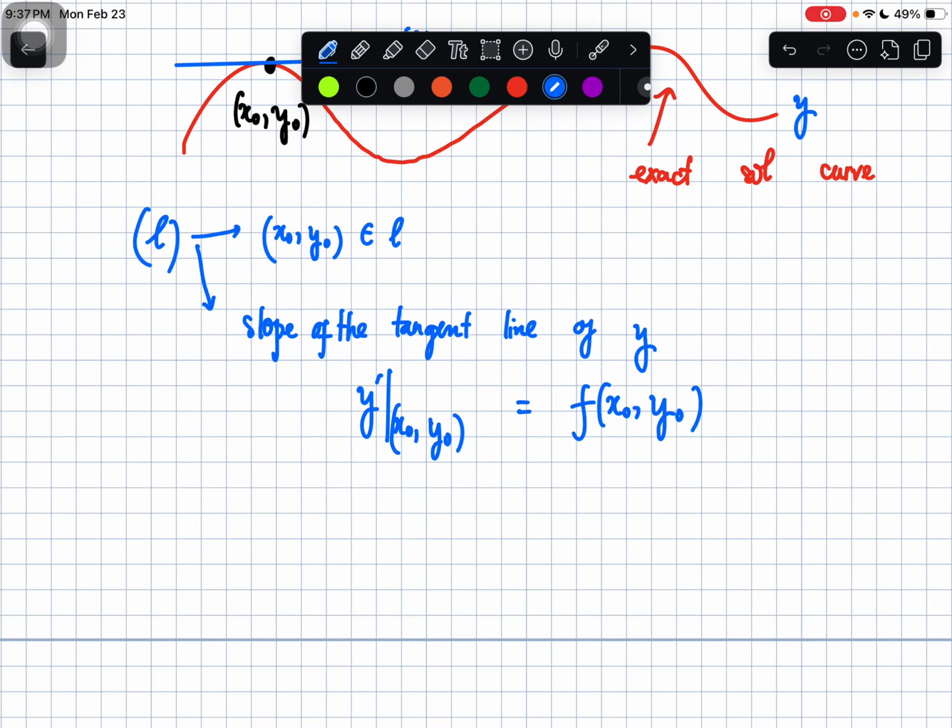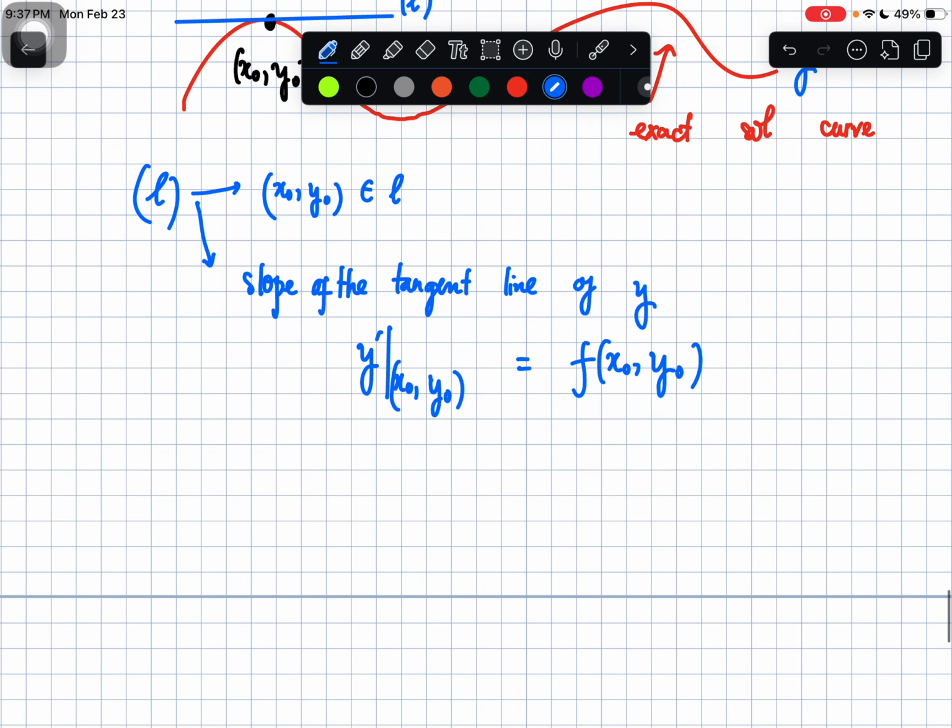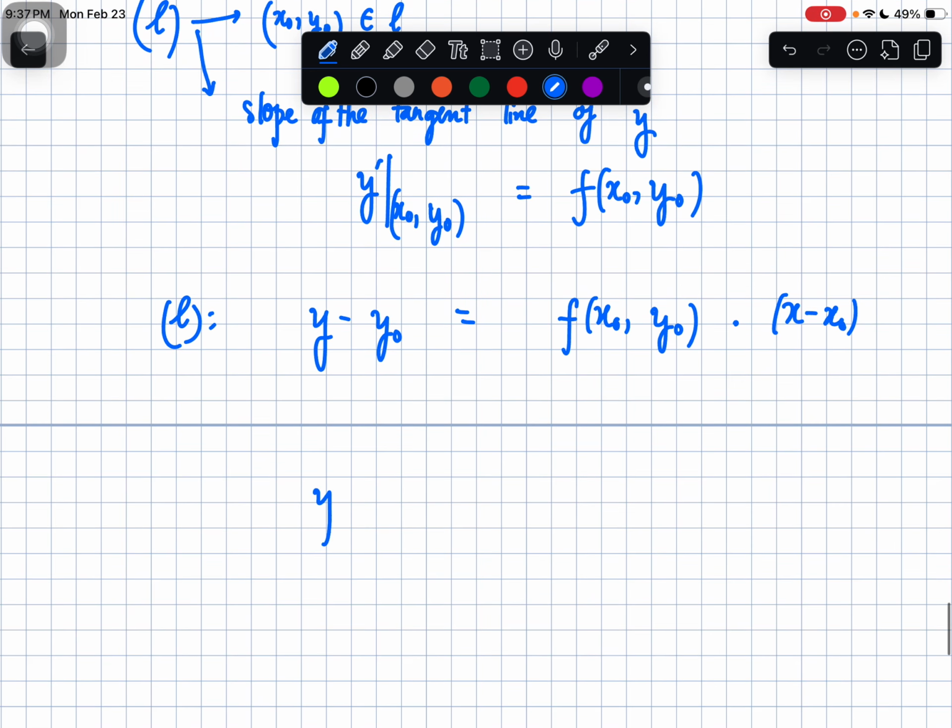So this line L can be written as the equation. L has the equation y minus y0 equal to slope. The slope is f(x0, y0) times x minus x0. So the equation of the line L is y equal to y0 plus f(x0, y0) times x minus x0.